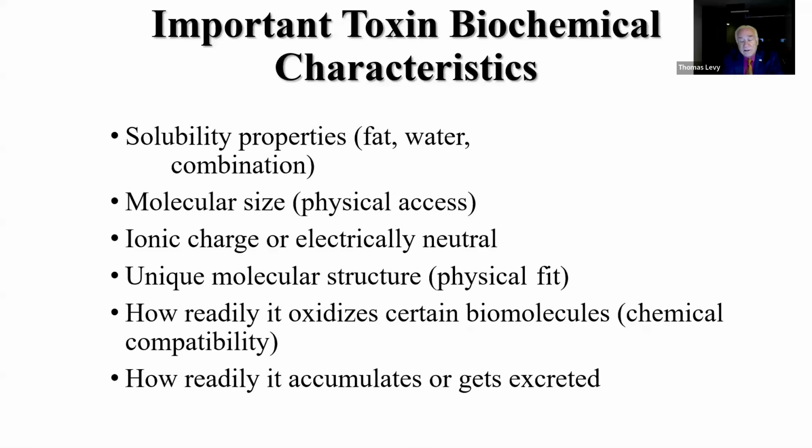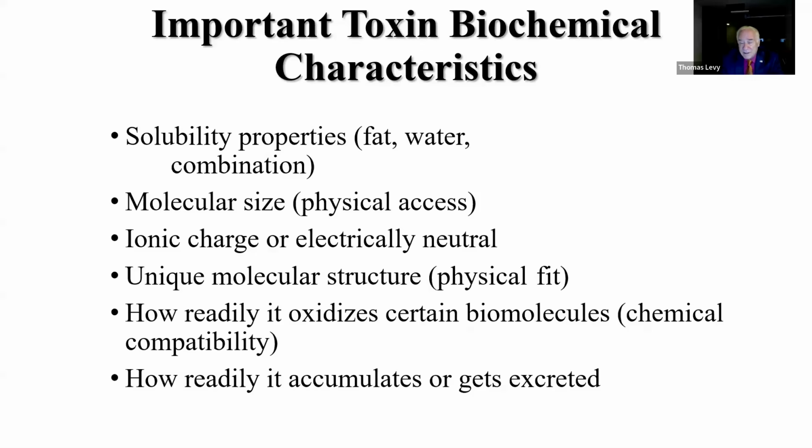And these are some of the more significant properties of a toxin that dictate the variation of biomolecules that are oxidized to present as a certain disease, and that's solubility. Some are fat soluble, water soluble, some are even soluble in both environments. The molecular size: a very tiny molecule gets everywhere much more easily.